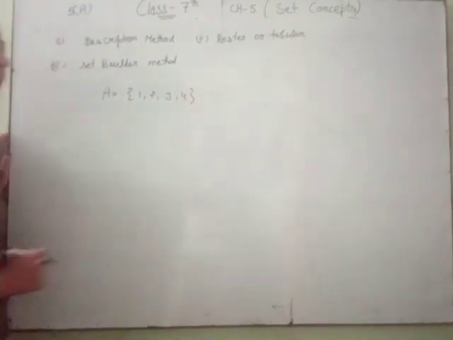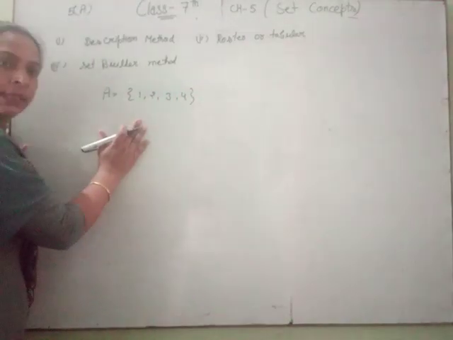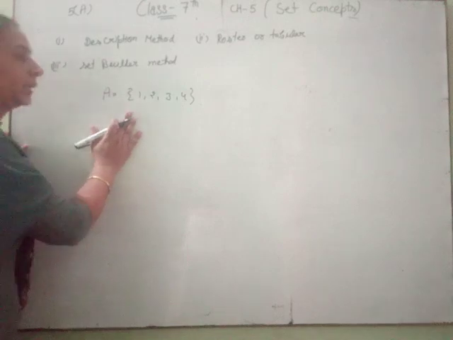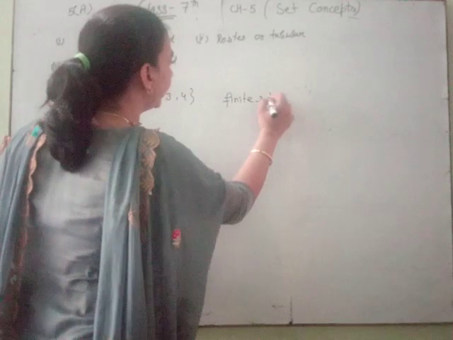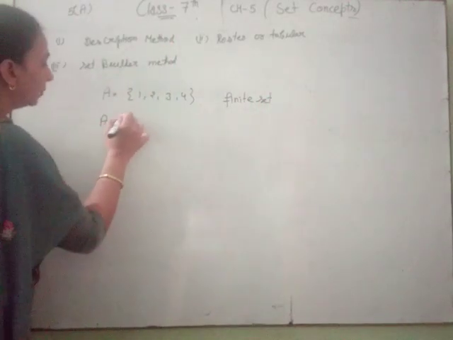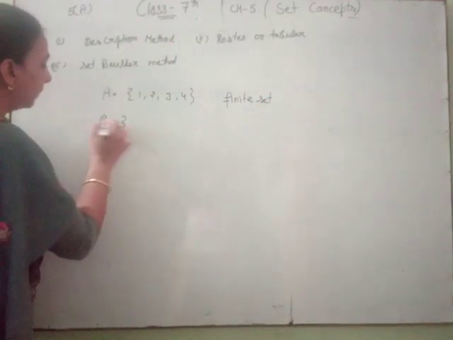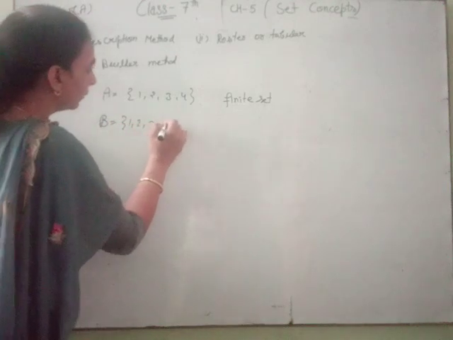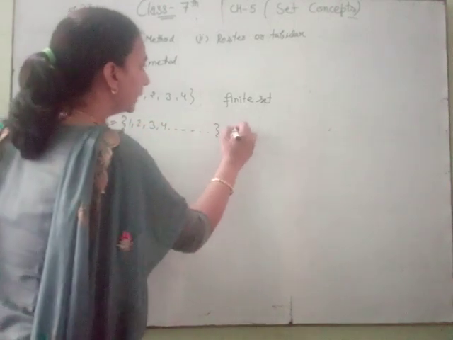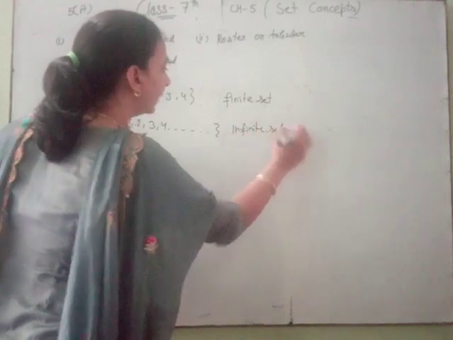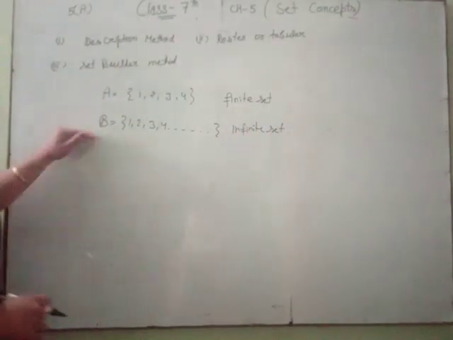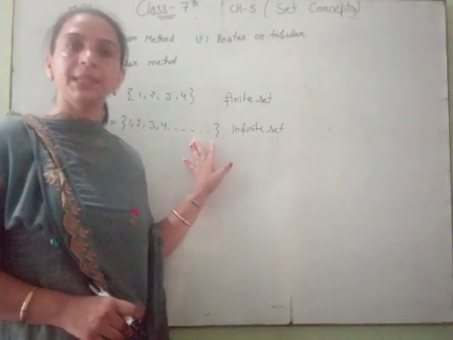There are 4 elements. We can count the number of elements of this set, so this is a finite set. If we write any set of this type, {1, 2, 3, 4, ...}, this is an infinite set because we cannot count all the members of this set.